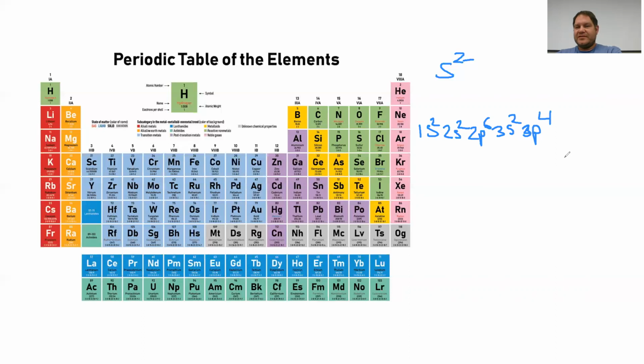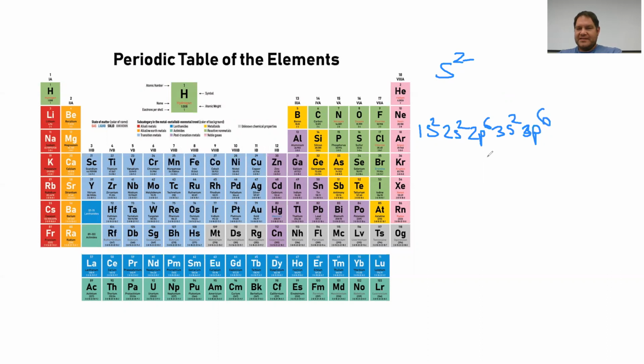This would be the non-ion form of sulfur, the neutral form, okay? But since it's gained 2 more electrons, where are we going to put those electrons? Well, the energy level that's in the valence shell is where we're going to start adding. The 3s is already filled, so it would be the 3p that we would add those electrons to. So I will get rid of the 4 and add 2 more electrons to make that a 6.